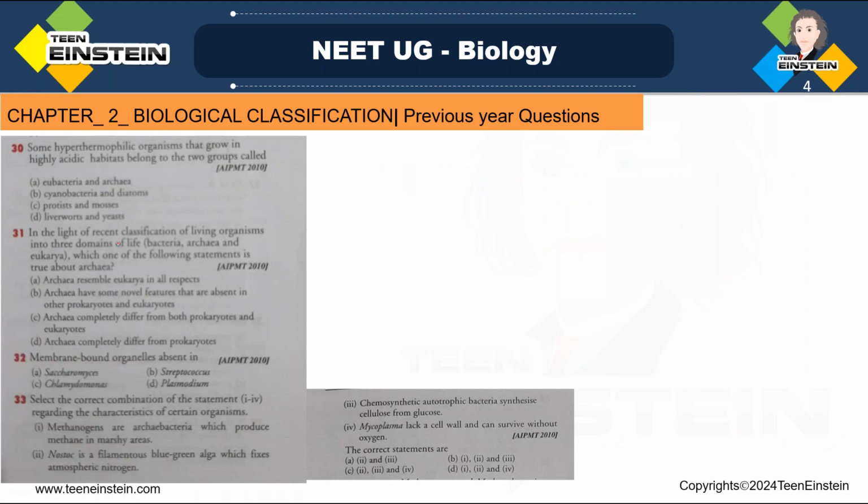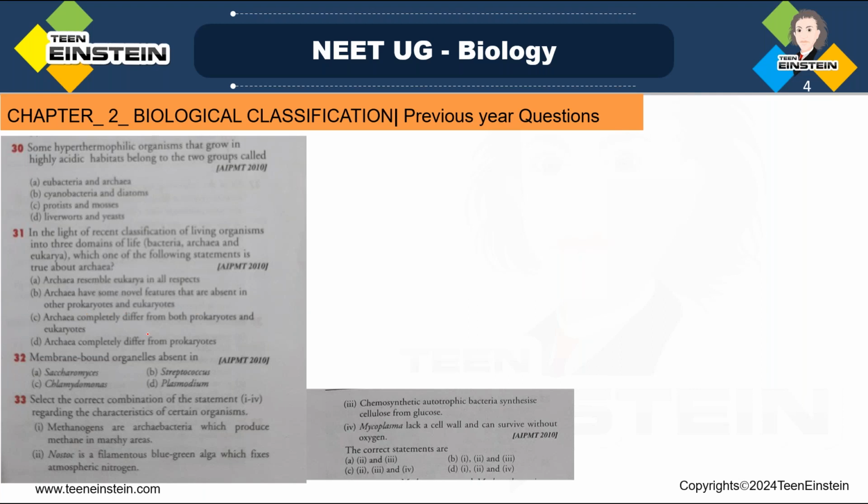In the light of recent classification of living organisms into three domains of life, which are bacteria, archaea, and eukarya, which one of the following statements is true about archaea? First statement: archaea resemble eukarya in all respects. Second: archaea have some novel features that are absent in other prokaryotes and eukaryotes.